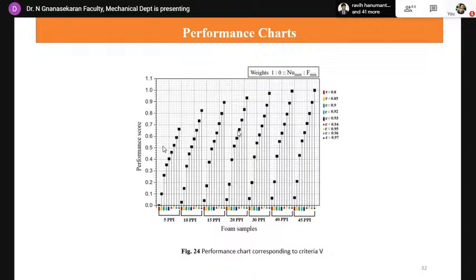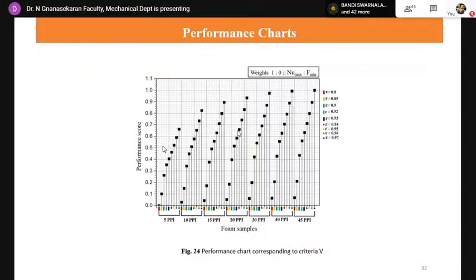So now when we give importance to the Nusselt number, you can see 40 ppa with high porosity is important. You can see 40 ppa 0.8 porosity is also there, but it gives less performance score, whereas 45 ppa with 0.97 porosity gives a higher performance score.